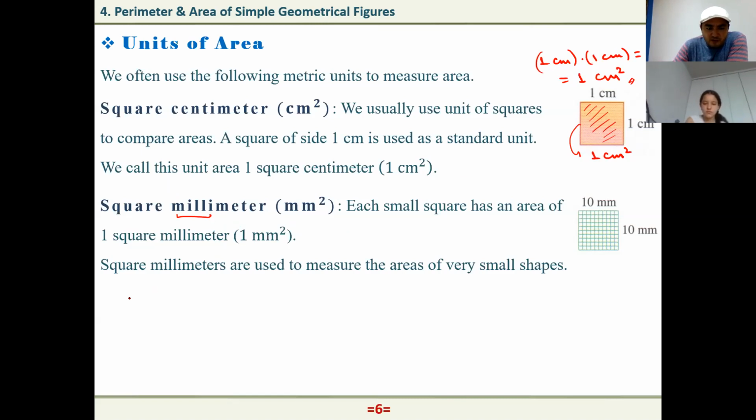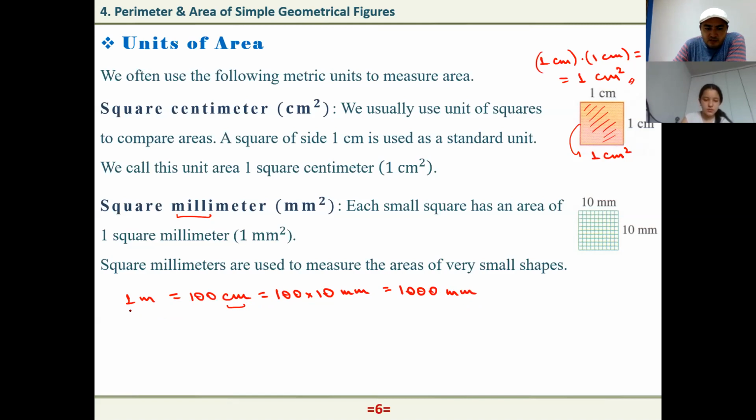For example, we know that 1 meter is equal to how many centimeters? 100, right? 1 meter equals 100 centimeters. And 1 centimeter is 10 millimeters. So that's equal to 10 times 100, that's equal to 1,000 millimeters.